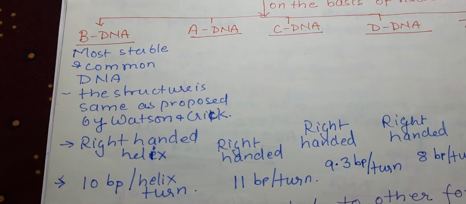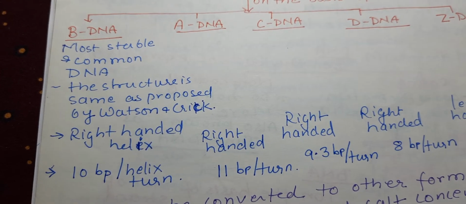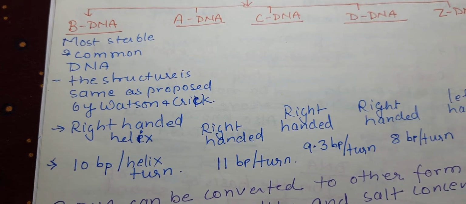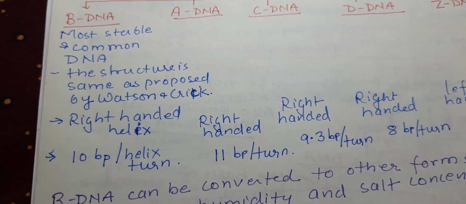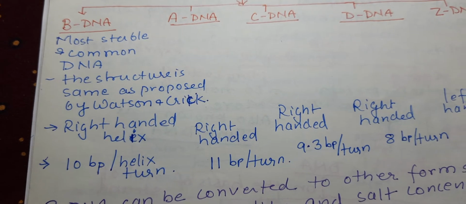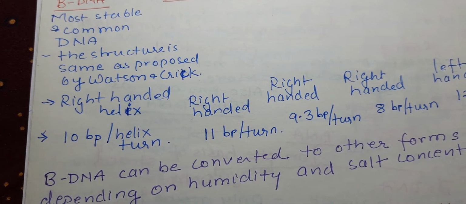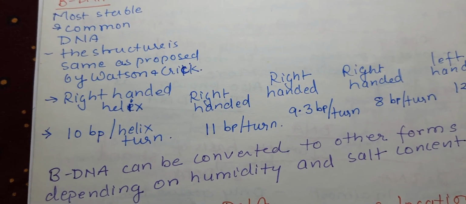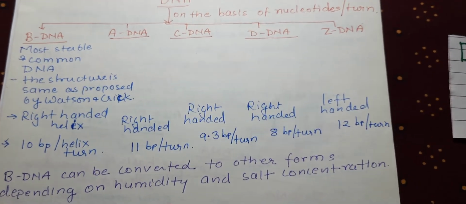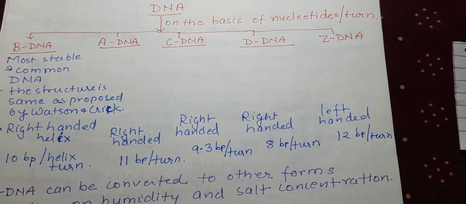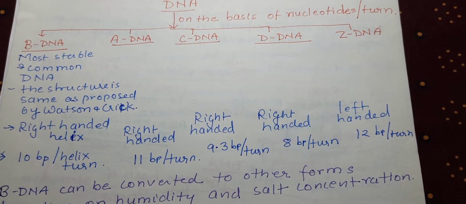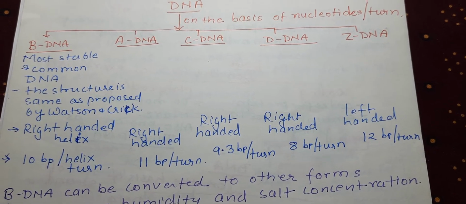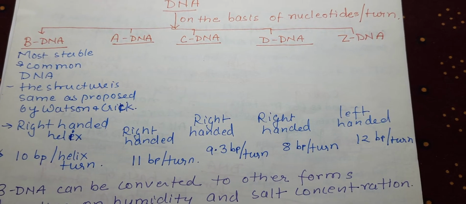Now, bDNA is the most stable and most common DNA, which is proposed by Watson and Crick, and it is a right-handed helix, and it carries 10 base pair per turn of the helix. So if you compare this with the A and other DNA, B, A, C, D all are right-handed, and only the zDNA is left-handed.